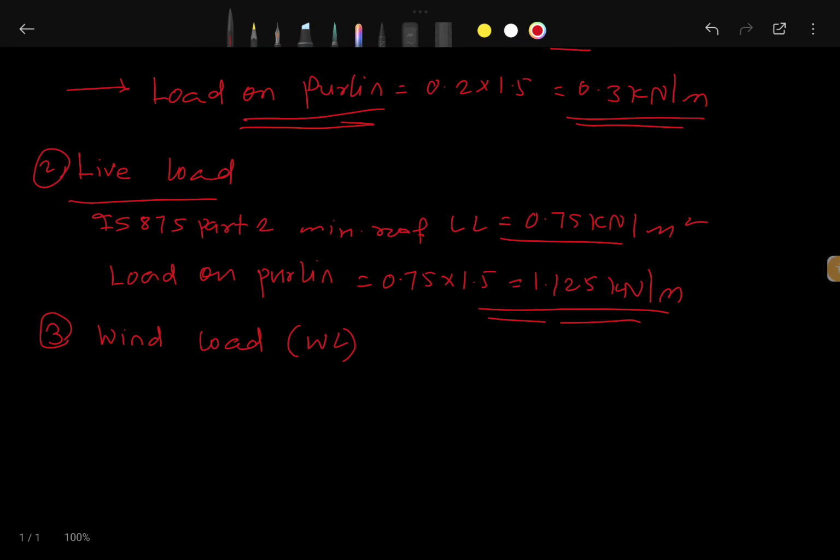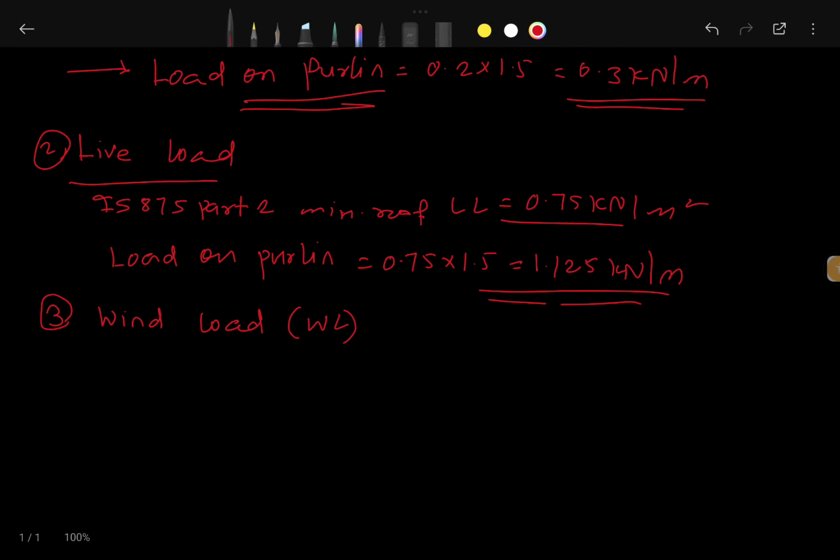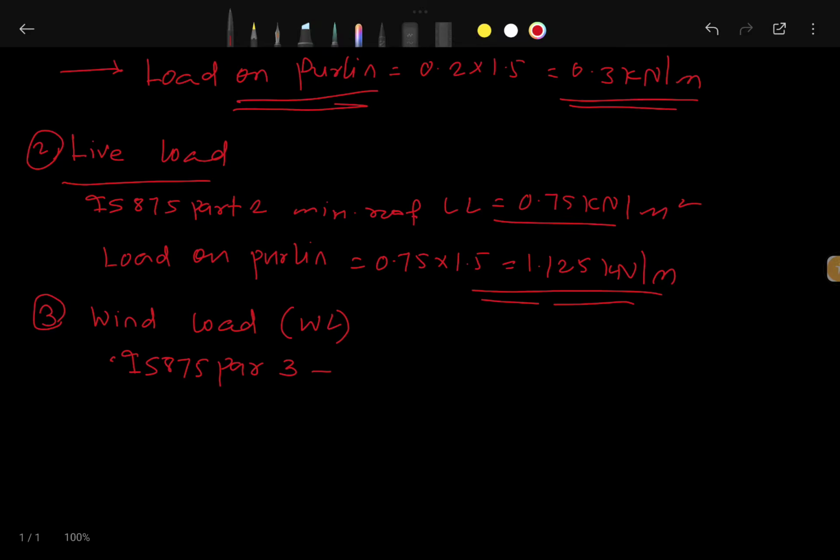Wind load. For this, we have code IS 875 part 3. For a simplified but representative calculation, let's assume a moderate upward wind suction. The value will come minus 0.5 kilonewton per meter square.